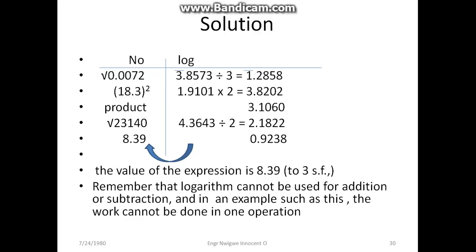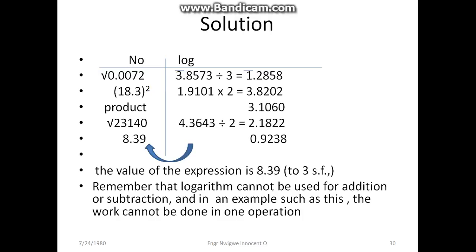So for the denominator, since there is a product, the square root of 23,104, we find the log of 23,104, which in standard form is 2.3104 times 10 raised to the power 4.